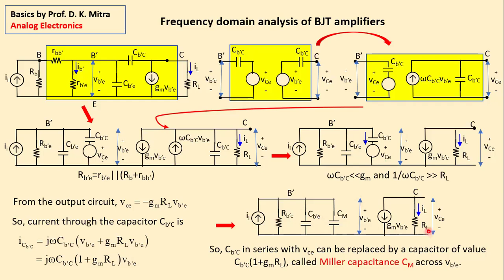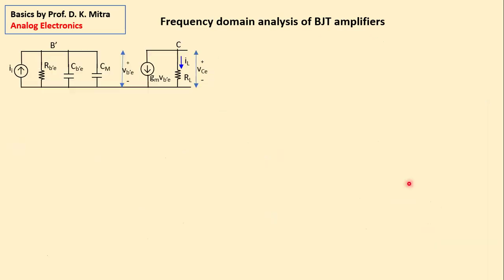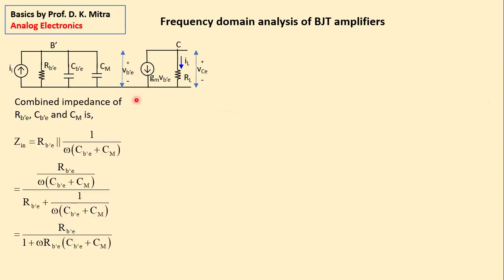So now we have this circuit. I repeated once again the same picture. Now, what is the combined impedance of all this? You will find the analysis is very simple because there is no connection between the left-hand side and the right-hand side, the base side and the collector side.